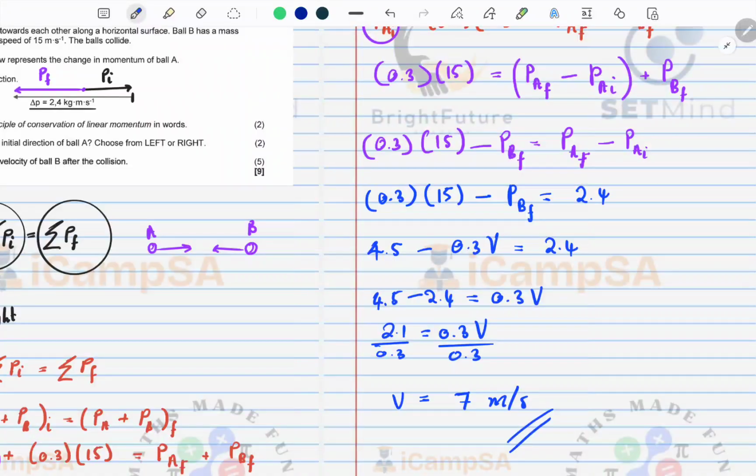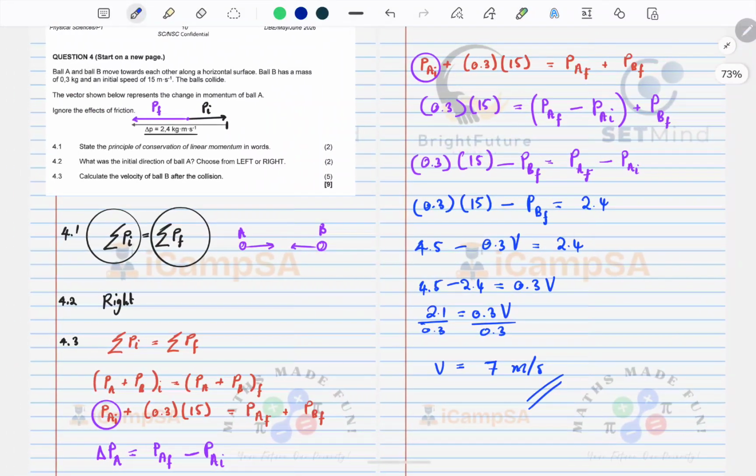This is what I end up with. Okay, and that's it for this question. You've got the velocity of ball B here.